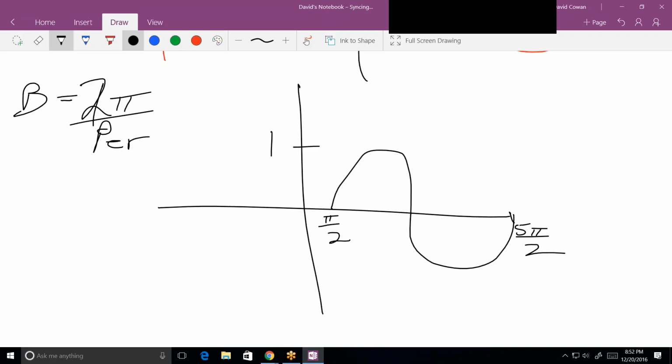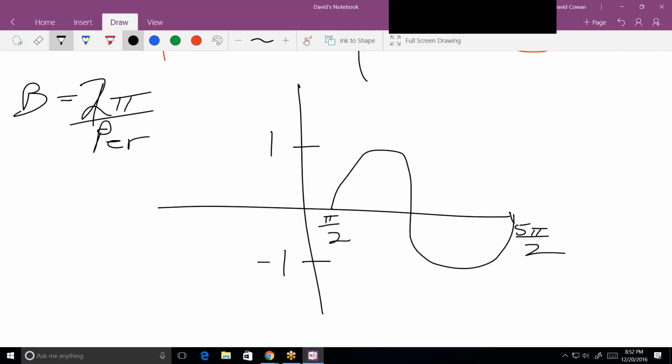Let's say this function goes from 1 to minus 1. What's A? 1. Good. So I know A, I know B. What's C? Let's see. C is the phase shift.